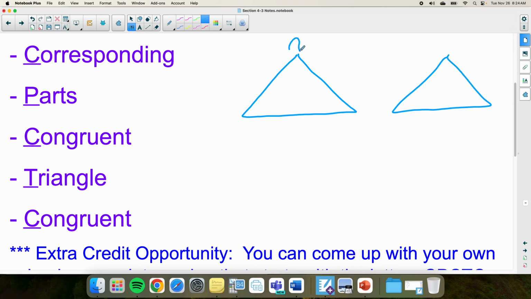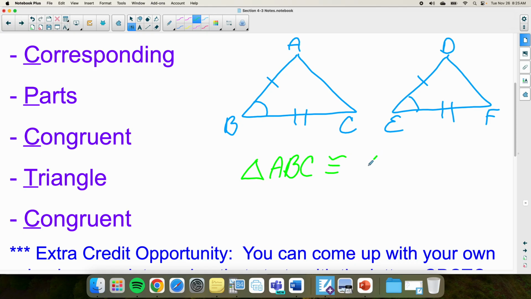So maybe this is A, B, C, and this is D, E, F. And let's say you prove these two sides congruent, these two angles congruent, and these two sides congruent. If you did that, you can say those two triangles are congruent by side, angle, side. So you'd have a step then that would say triangle ABC is congruent to triangle DEF, okay? And that would be by side, angle, side.